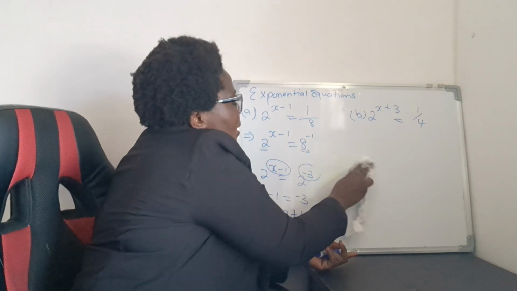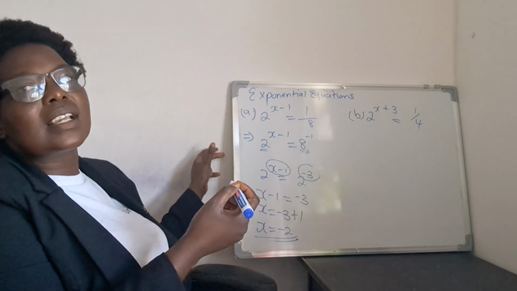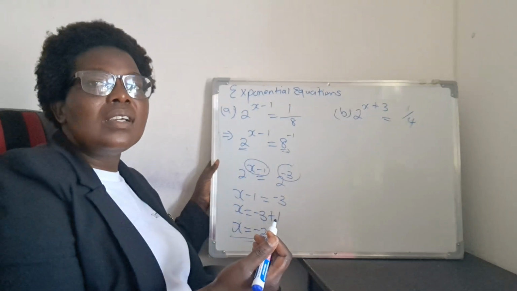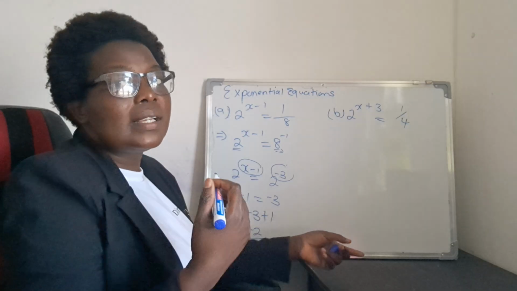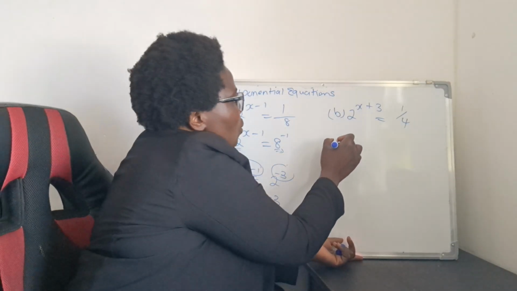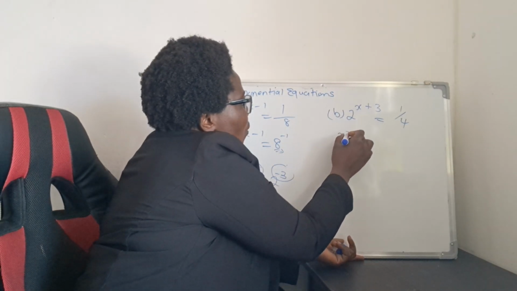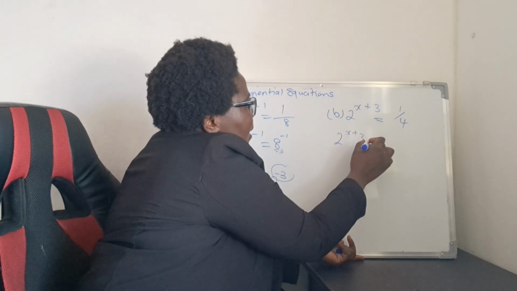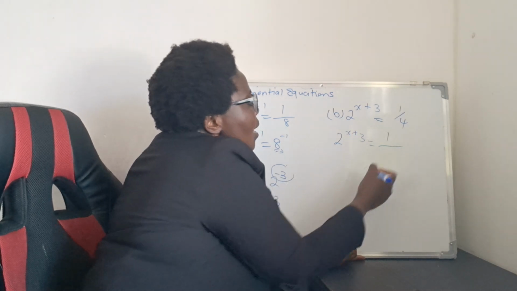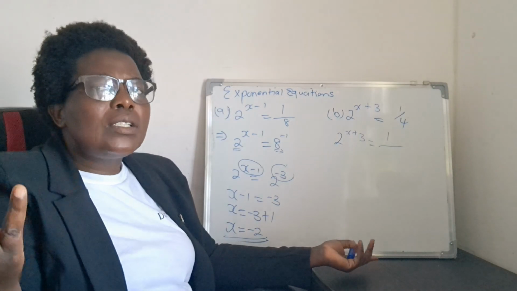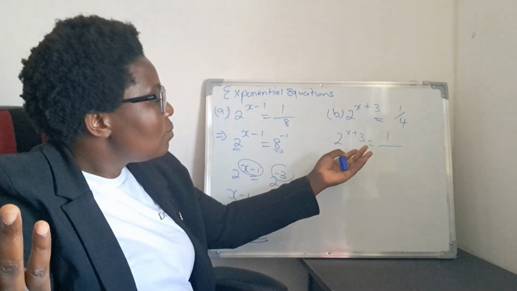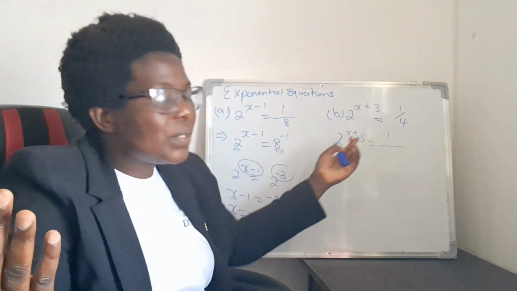So let's look at the second one. I think on the second one you already understood the principle, but however I'm going to tackle it a little bit differently. So it's going to be 2 to the power of x plus 3, that's equal to 1 over, I need to match the base of 4 to become 2.